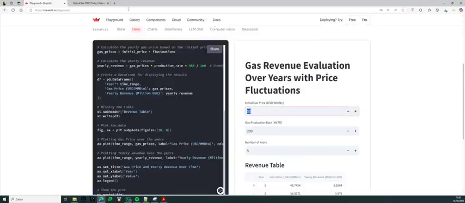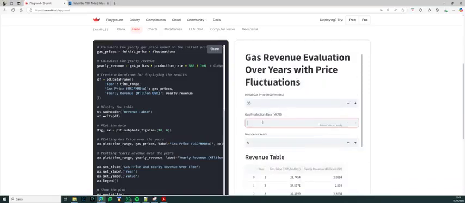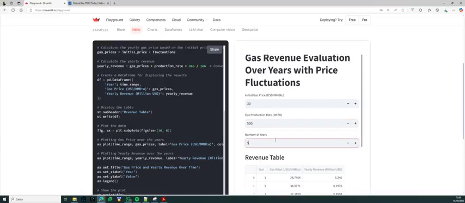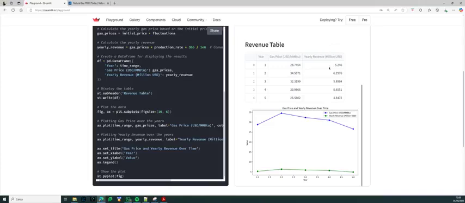Yeah, it's too high, so we can consider $20. The gas production rate we can increase in this case. Gas production rate is by year. Okay, number of years, we can consider 5 years, and we have this kind of situation.